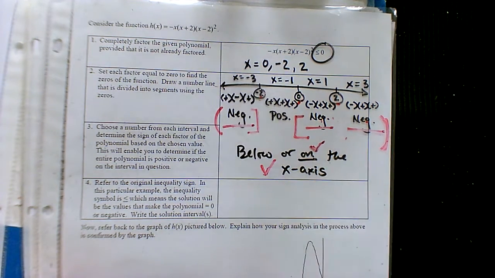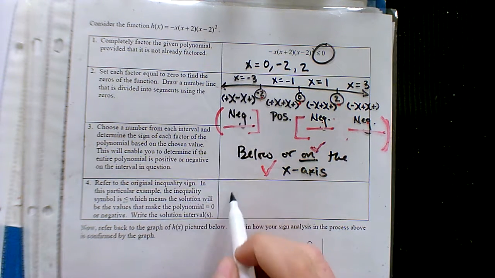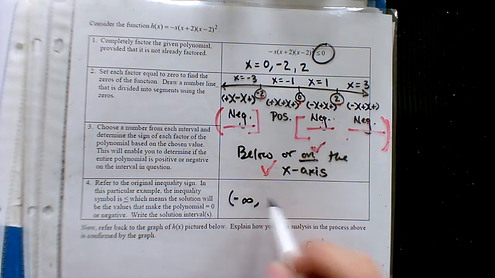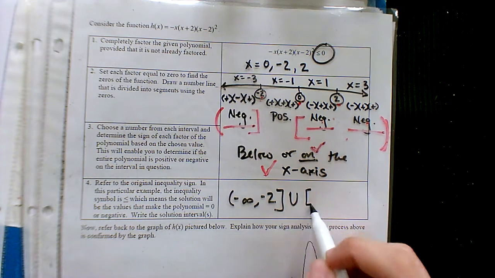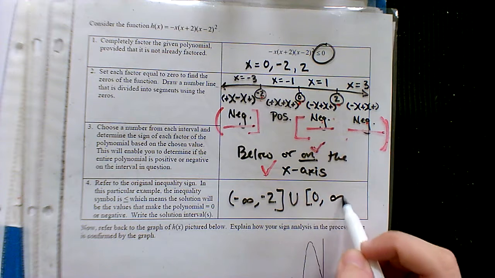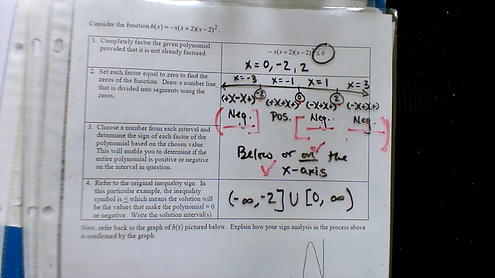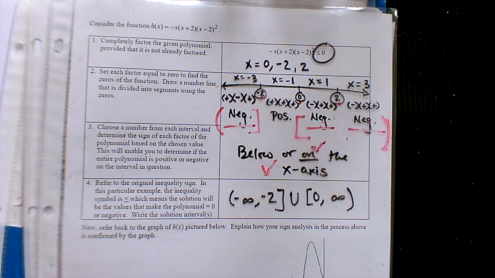Okay, below or on the x-axis. So if we go ahead and write that, we're going to need parenthesis, negative infinity to -2 with a bracket. And then we'll do union, bracket 0 to infinity with a parenthesis.